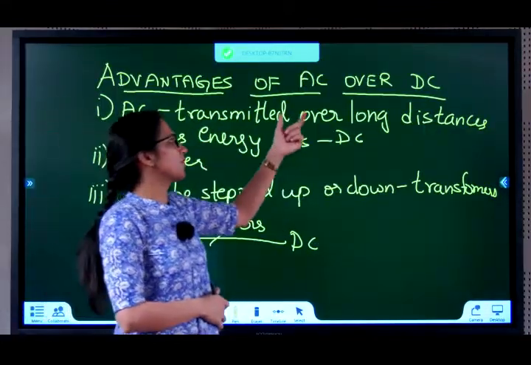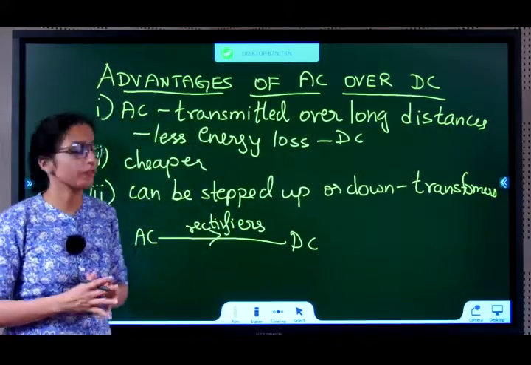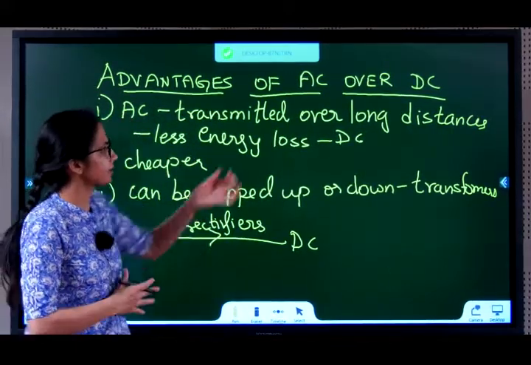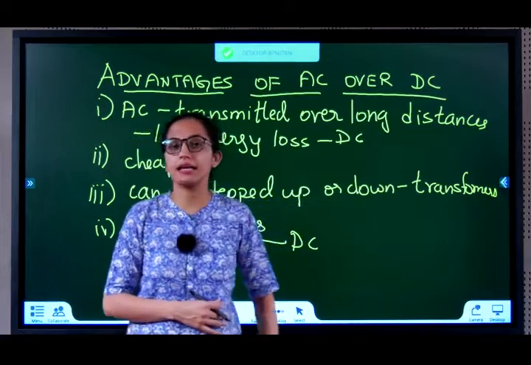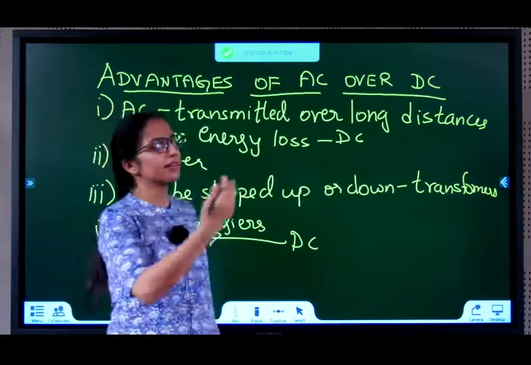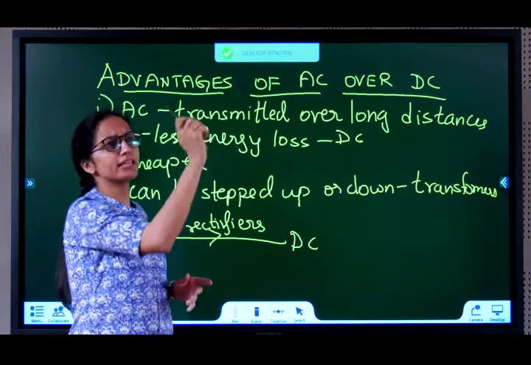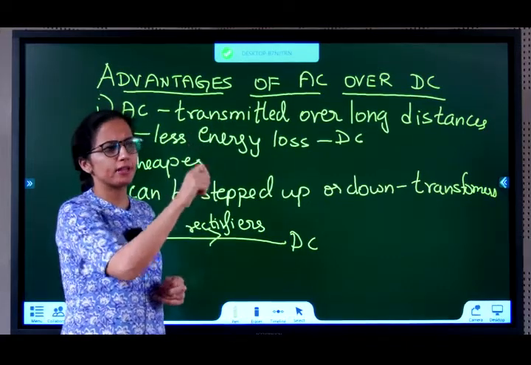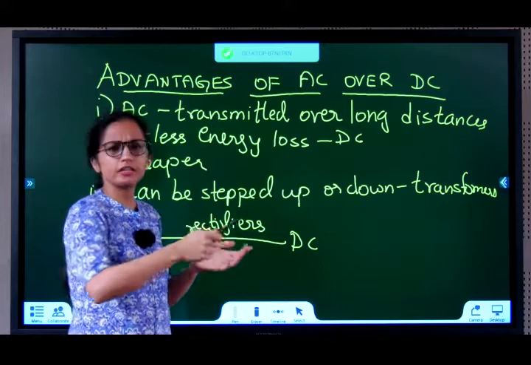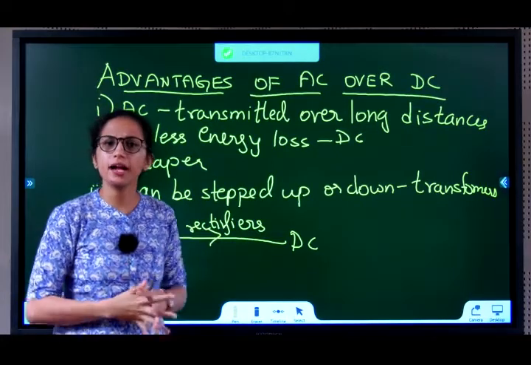Advantages of AC over DC. AC has a lot of advantages over DC, AC being alternating current, DC being direct current, which is why the current that we get in our houses is AC. Then why don't we see the rotation happening once like this and once like this, or the current changing directions? Is it really happening like that?